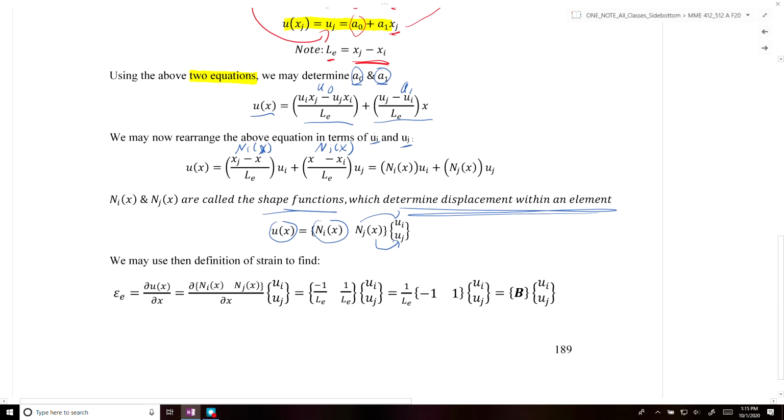We can then use the definition of strain, which says that the partial derivative of u of x with respect to x will give us our strain within our element. If we do that, we can take the derivative of these two shape functions with respect to x to get this matrix here, with minus 1 and 1 over Le for our derivative.